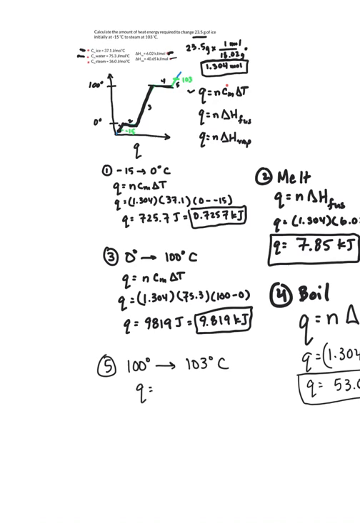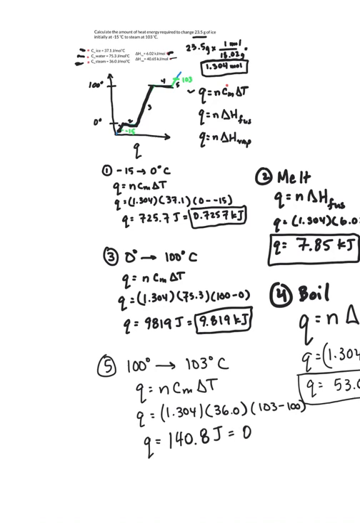One last time, we'll take our handy-dandy General Chemistry 1 heat equation, substitute in our number of moles, our molar heat capacity, which once again is different because we're dealing with steam now, 36.0, times the change in temperature, final minus initial, 103 minus 100 is 3 degrees, giving us at the end after calculation 140.8 joules. Again, spare us the pain later and convert to kilojoules, 0.1408.